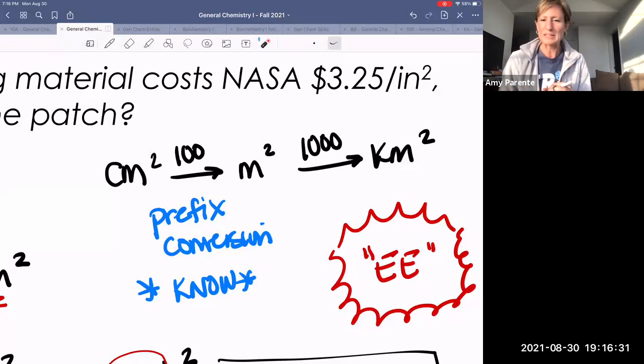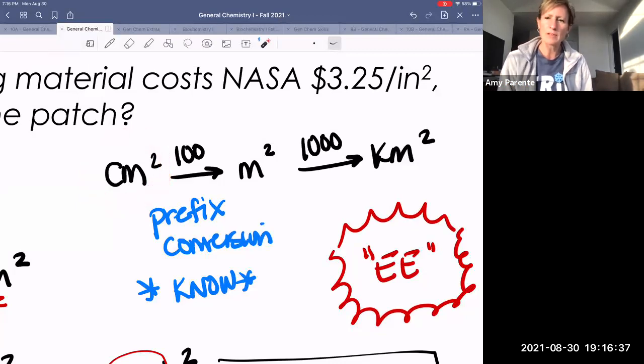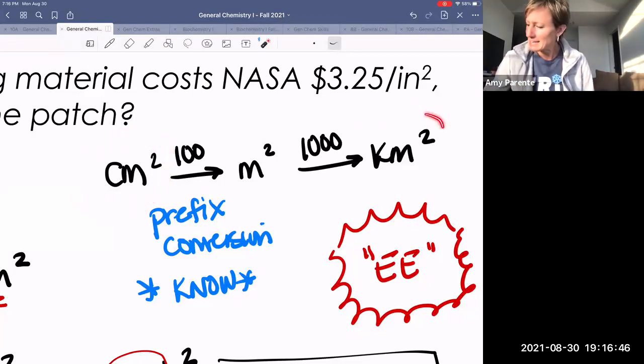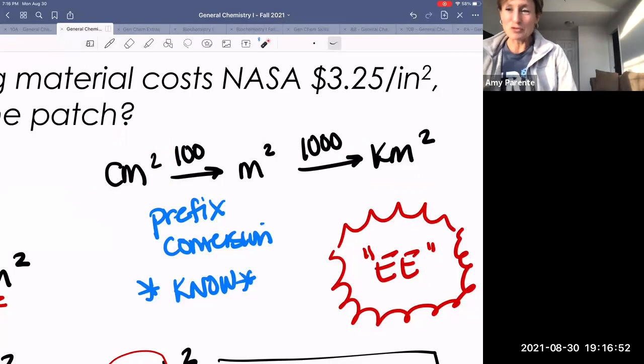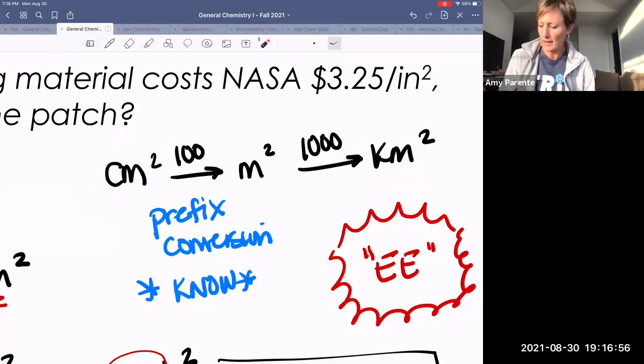Maybe you didn't put the right pieces in, but always start with a piece of information that's given to you in the problem. Right now I'm not putting values or numbers in, I'm just putting units, because I started with cubic centimeters and I want to get to cubic kilometers. Now, I'm sorry, I shouldn't say cubic. We were doing cubics before. This is square centimeters to square kilometers. Okay.